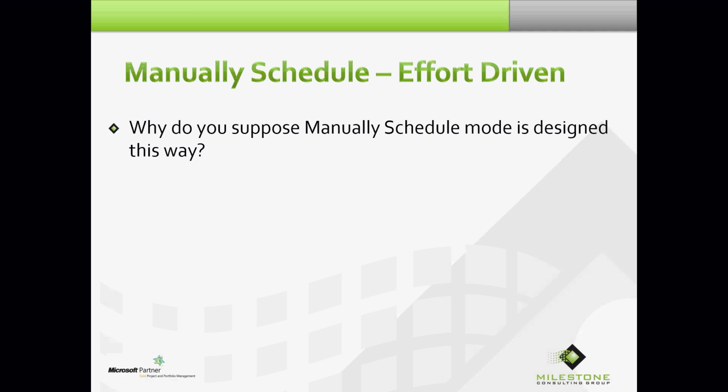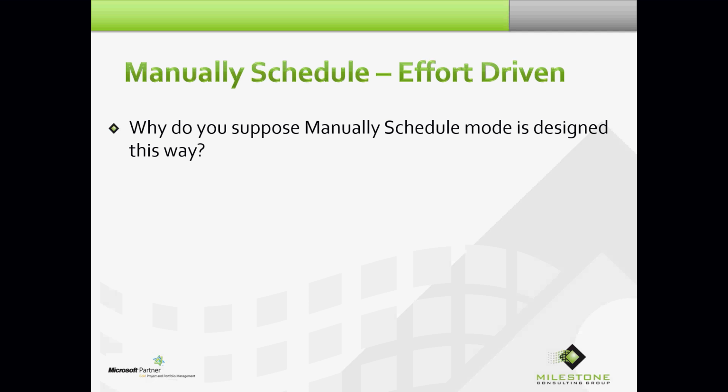But the best you can do to control duration and dates in Microsoft Project is to use the fixed duration task type. That doesn't guarantee that your duration and your dates are going to remain fixed until one day you change them, because there is no way to permanently fix dates in Project. But the engineers at Microsoft realized the best way within the tool as it was designed to control changes in dates is with fixed duration.